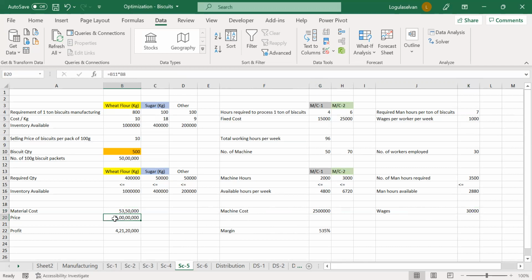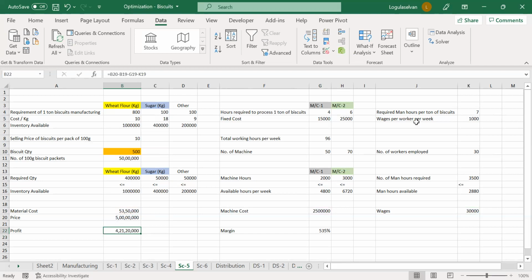The price, as usual, will be the selling price multiplied by the number of biscuit packets. The difference between the total cost and the selling price will give you the total profit.